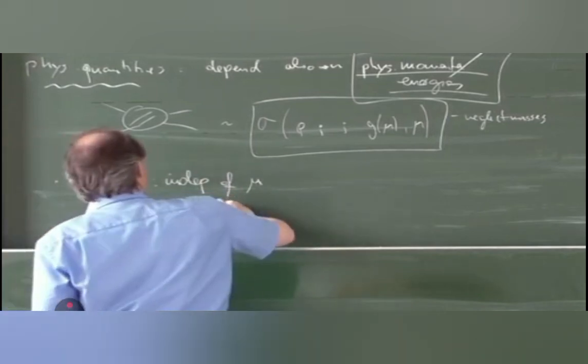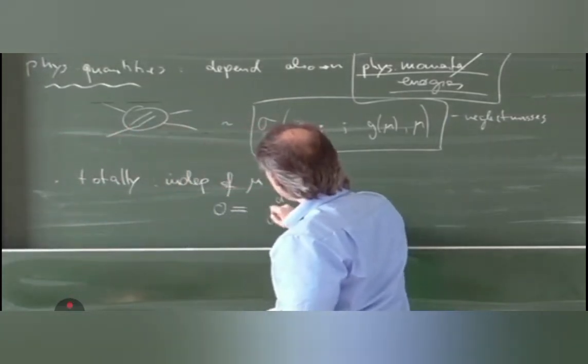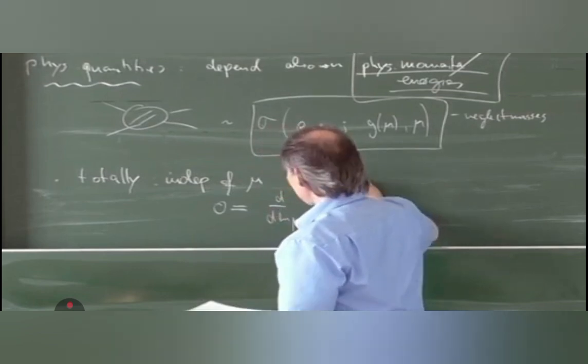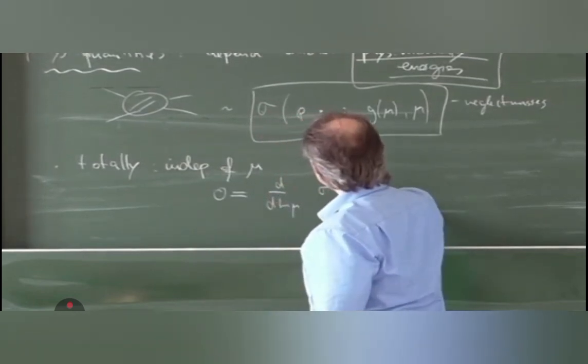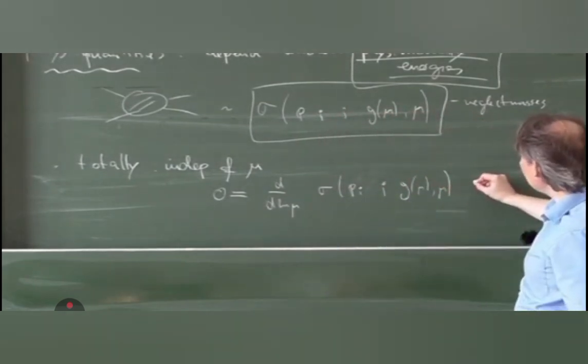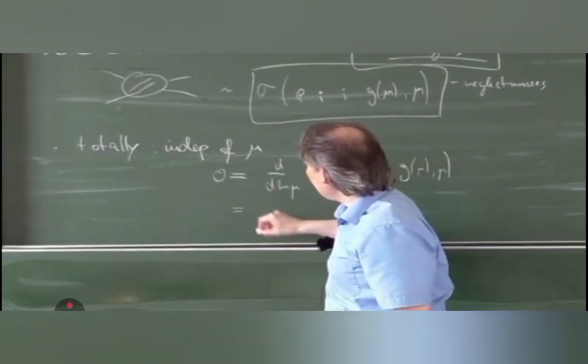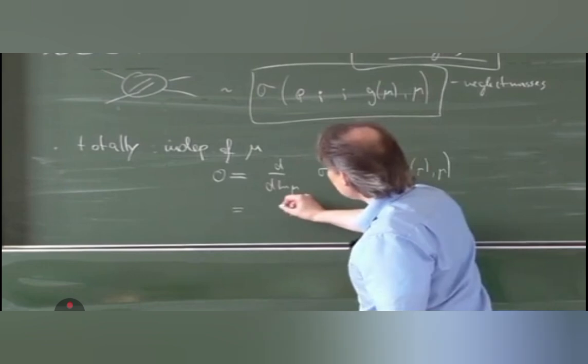So we can again write down this trivial form of the renormalization group equation, d by d ln mu with a total derivative of this sigma of p_i, g of mu and mu, that vanishes. So this is basically the renormalization group equation. And we can equivalently write it with partial derivatives.